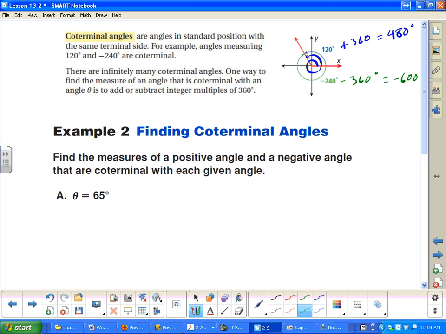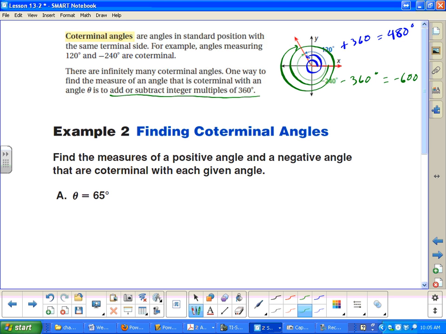If I went clockwise all the way around once and then back around to here, that would equal negative 600 degrees. All of those terminate at the same spot, so we call those coterminal angles. Coterminal angles all differ by adding or subtracting multiples of 360 degrees.